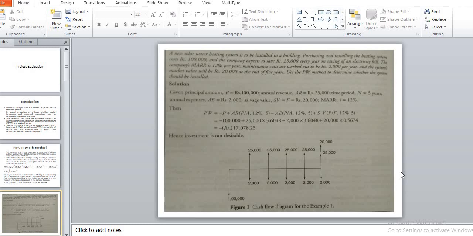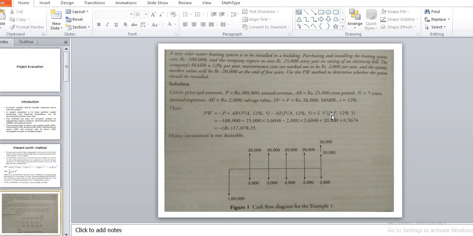So here the principal amount is given as 1 lakh. Annual revenue is given. Annual revenue means saving of electricity per year, which is 25,000. So this is nothing but revenue generated, 25,000 rupees per year. Now the time period is given as 5 years.